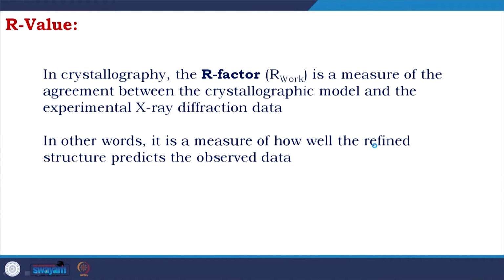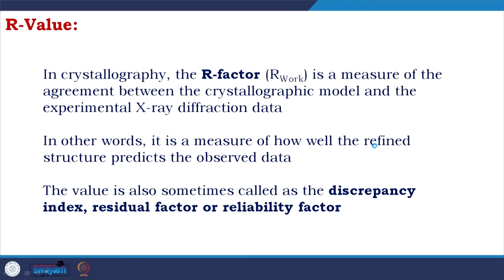Is there any disagreement? Is there any error? R is a good measure of that. In other words, it is a measure of how well the refined structure predicts the observed data. You have data and a refined structure, and how well the coordinates are estimated can be seen from the R value.